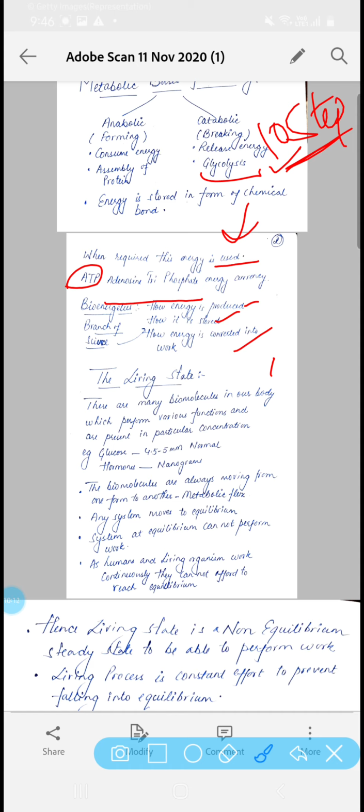The branch of science that deals with all these processes is termed bioenergetics. This bioenergetics is a special subject that you will study in higher classes if you opt for medical sciences.